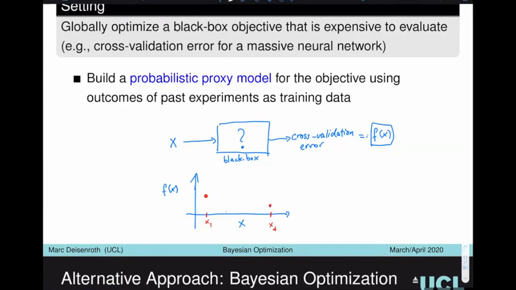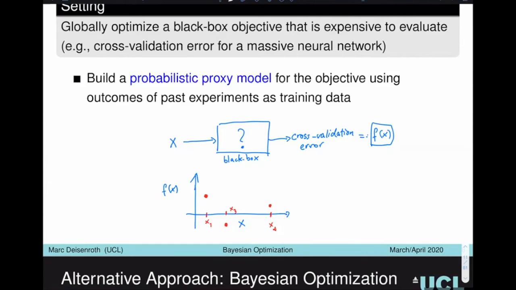And we try again with x3, and we have another value after 2 weeks. Now we have waited for 6 weeks, or we can parallelize, so we wait 2 weeks with 3 TPU clusters. And the question now is, how can we efficiently evaluate f of x at many points?